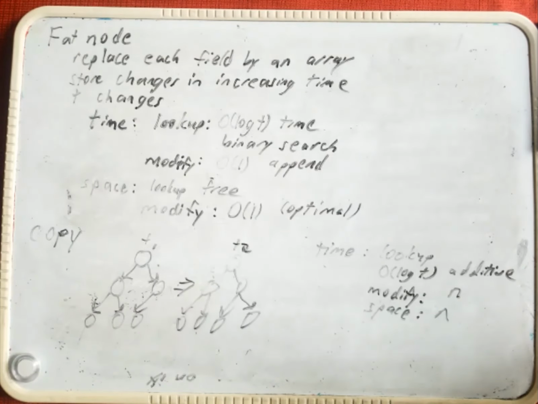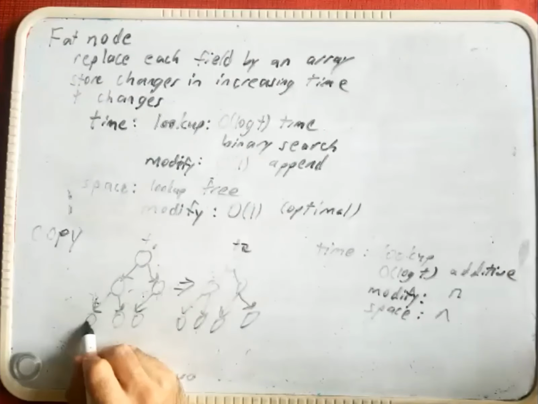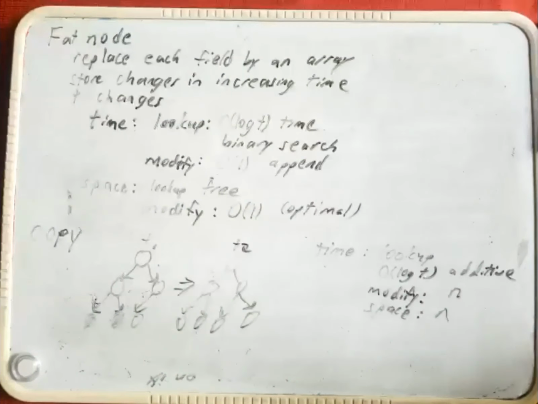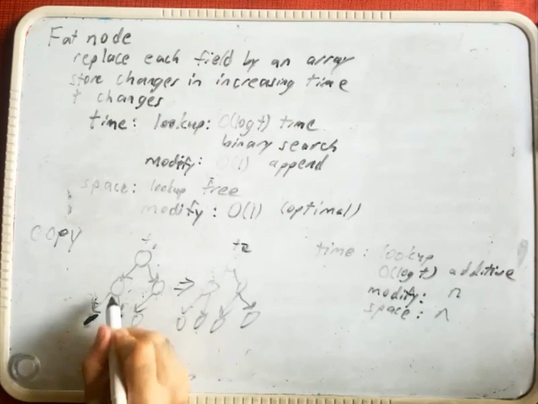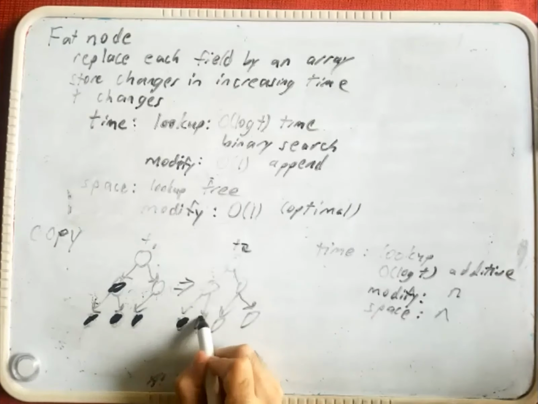Almost the whole tree is the same, right? So, shoot, this is going. Let's try another one. So, nothing at all has changed in any of these nodes, right?